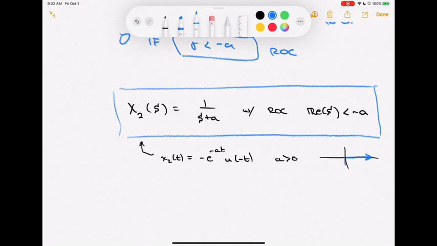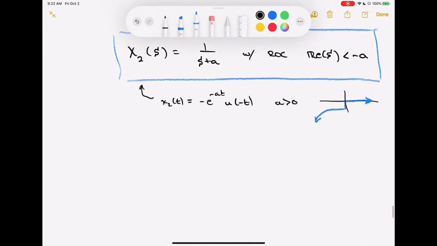And then because of the minus sign out front, I'm going to have a negative signal. And because it's e to the minus something real and positive times t, as t goes to minus infinity, I get e to the plus infinity. So that guy's going to grow. It's an anti-causal growing exponential, right? Go back to what our x1 was. Our x1 of s was equal to 1 over s plus a, with a region of convergence, real part of s, right, greater than minus a, right?